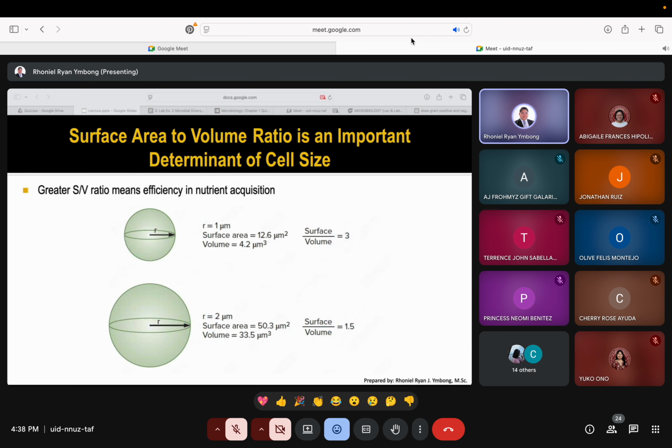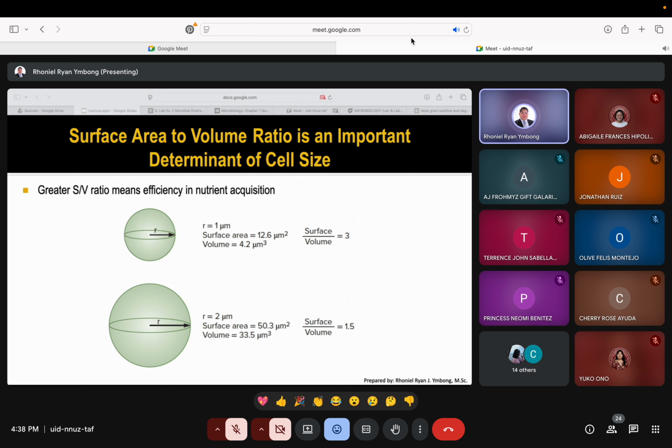Now, we ask ourselves, why is it that there are several types of bacterial cell shape, and that the size of your bacterial cells are very, very small? Approximately, the smallest would be about 1 micrometer and the biggest is around 600 micrometers.